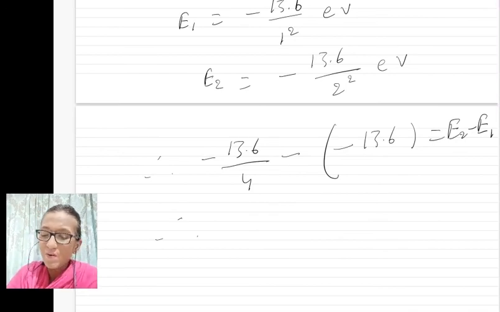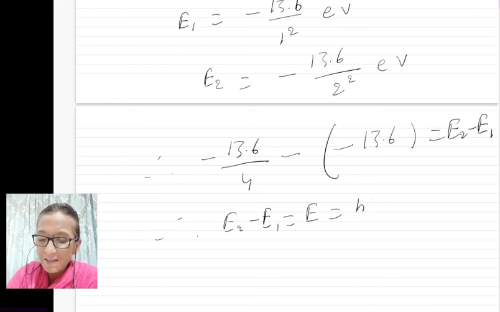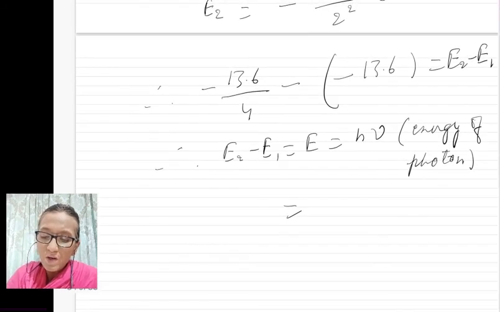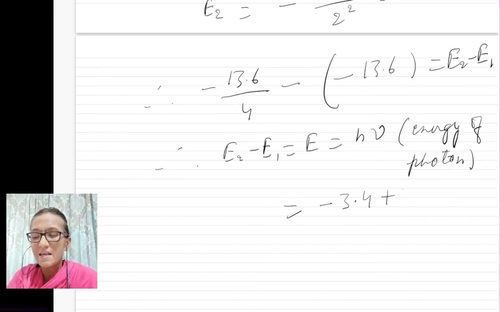So therefore, the energy emitted in the form of a photon, E2 minus E1, is equal to h nu, the energy of the photon, and this is equal to, just let me make calculations, minus 4 3s are 12, 4 4s are 16. So it is your minus 3.4 minus minus plus 13.6.